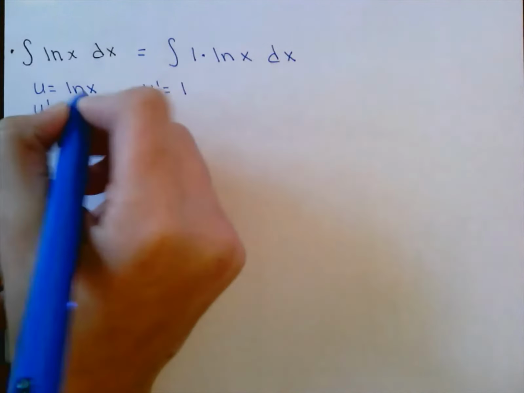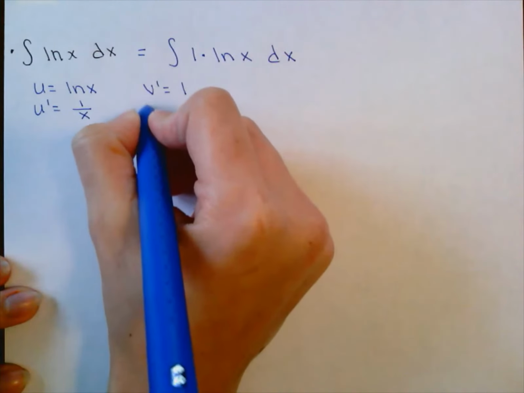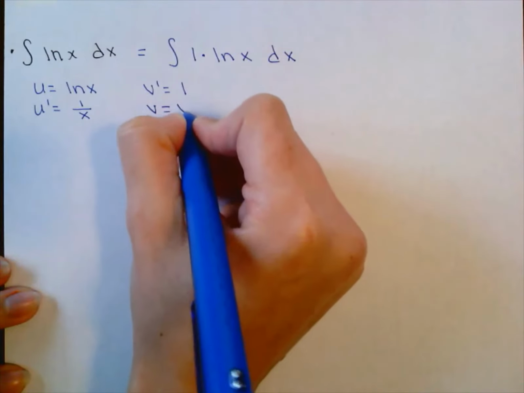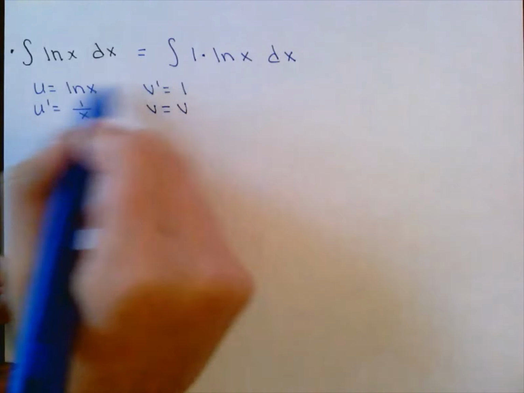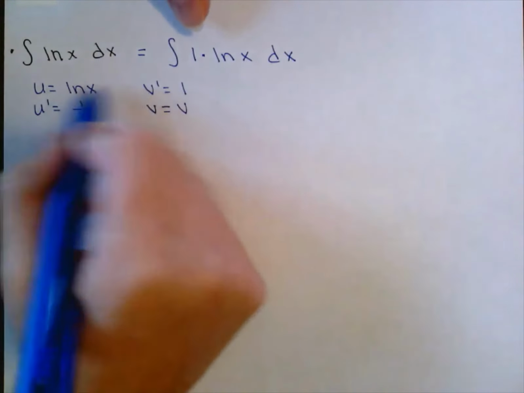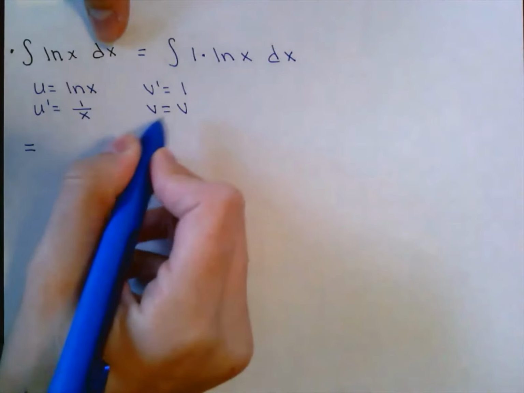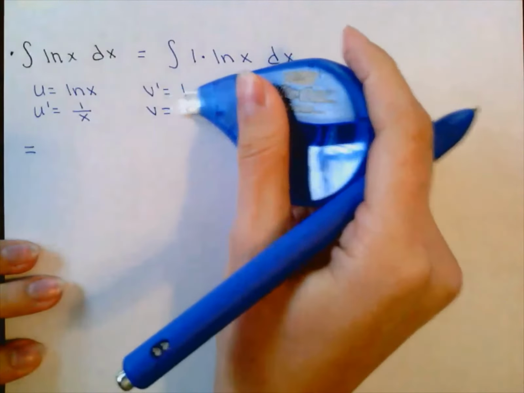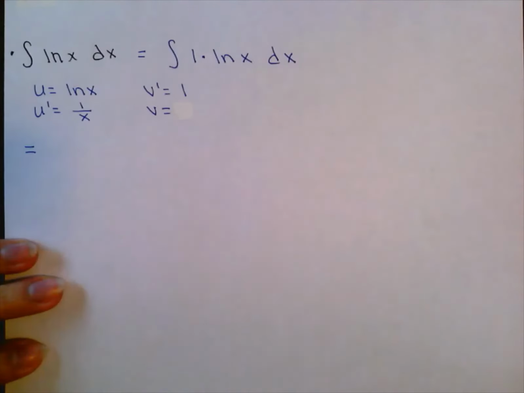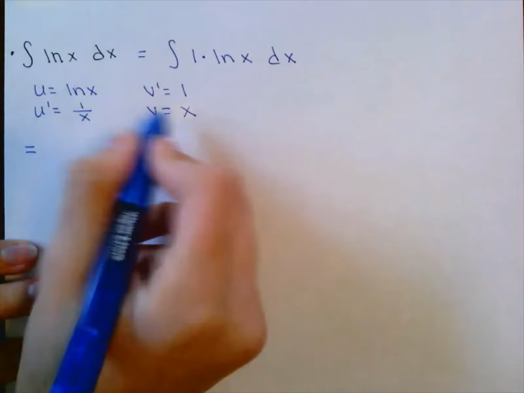The derivative of ln of x is 1 over x, and the antiderivative of 1 is v, okay? If I do my backwards z, across should be my question, 1 times ln of x equals, now I do my, look at me, I put a v. Antiderivative of 1 is x. Sorry about that. The diagonal would be ln of x and x.